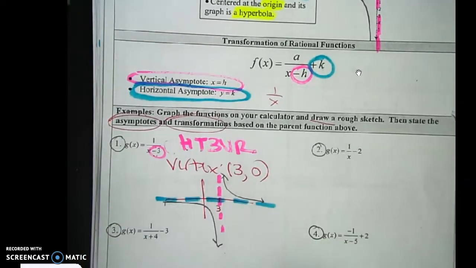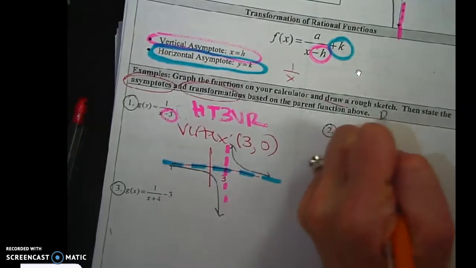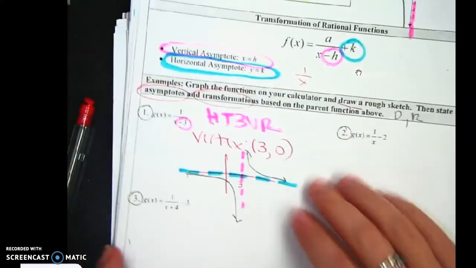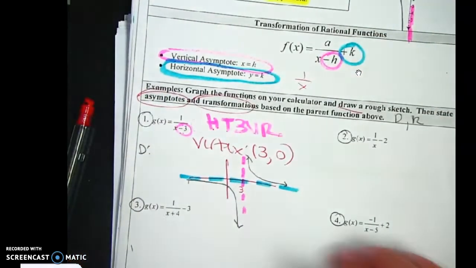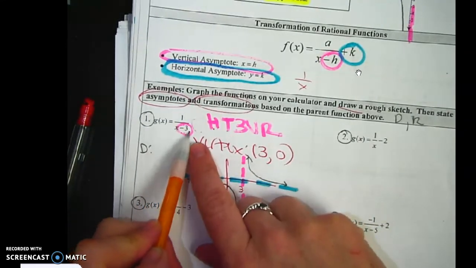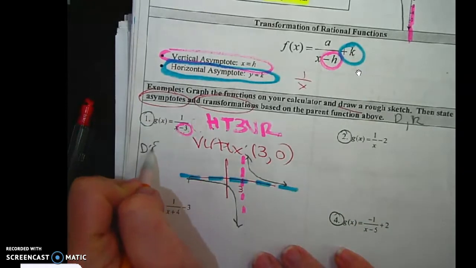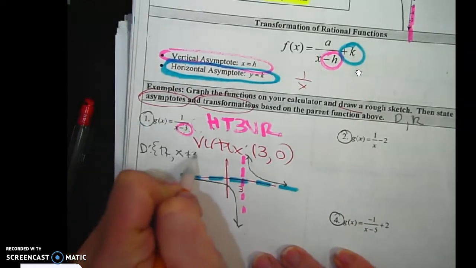Okay? I also think I need you to state the domain and the range, but I should have said that, so let's say domain and range. I shouldn't have made this so big. Whatever. The domain. Remember, domain is your x. So, hey, x can be anything in the whole wide world except for your restriction of 3. So I'm going to say all real numbers, but x cannot equal 3.